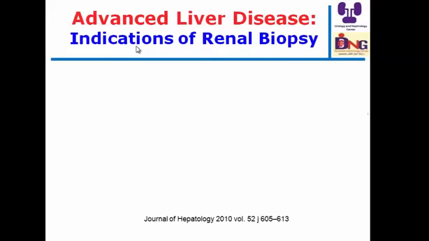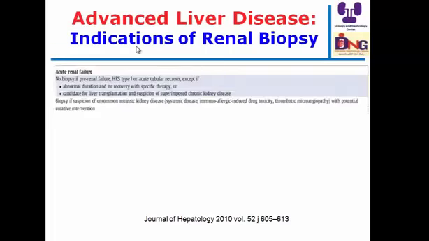The question: can we do a renal biopsy, or is there any indication for renal biopsy in a patient with advanced liver disease? The answer: if you are dealing with acute renal failure and we are sure of the diagnosis of hepatorenal syndrome or acute tubular necrosis, biopsy is not indicated, except if there is abnormal duration and no recovery, or the patient is a candidate for liver transplantation with suspicion of superimposed chronic kidney disease.